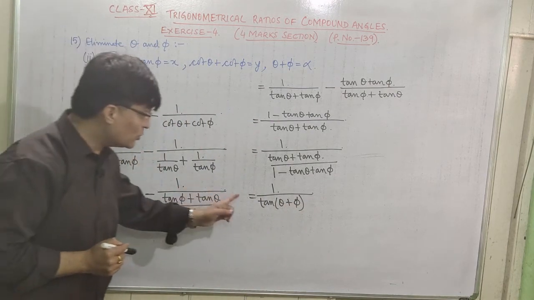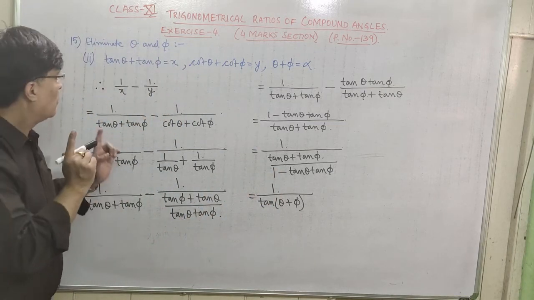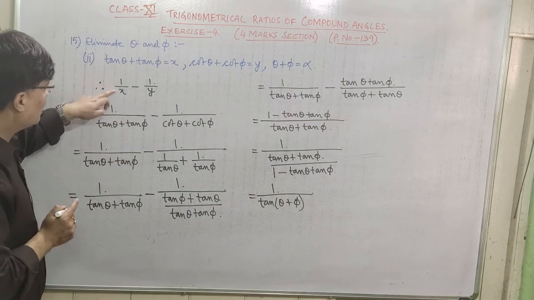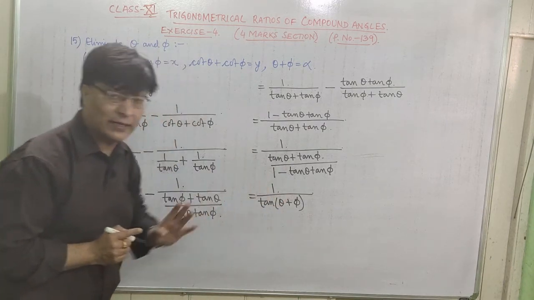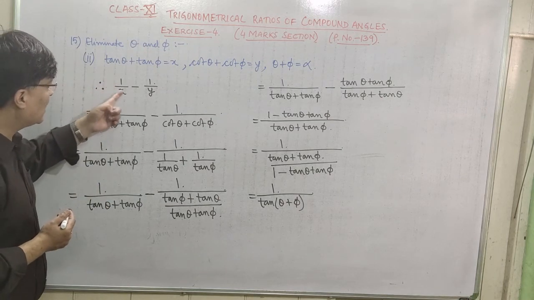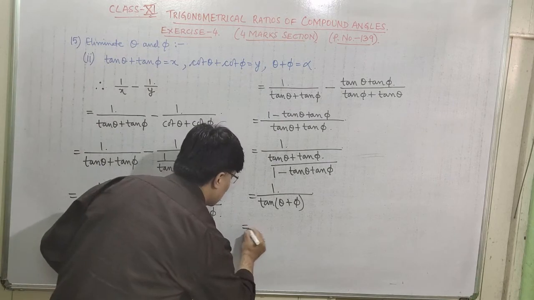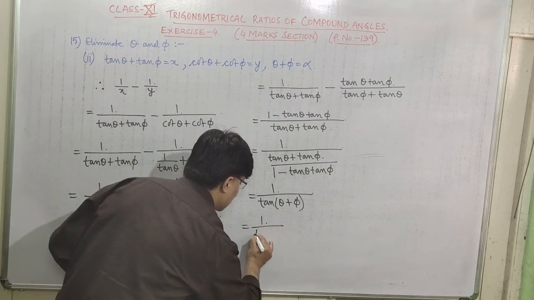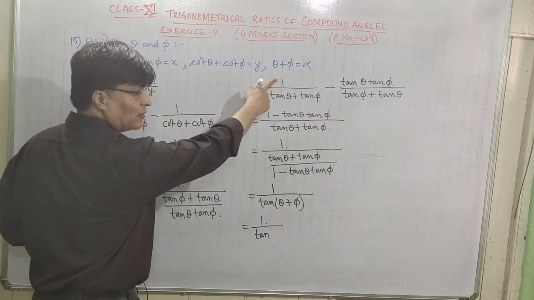So in order to get this tan of theta plus phi, we are getting the value for 1 upon x minus 1 upon y. Is that clear? So which is equal to 1 upon tan of, what is theta plus phi from given?